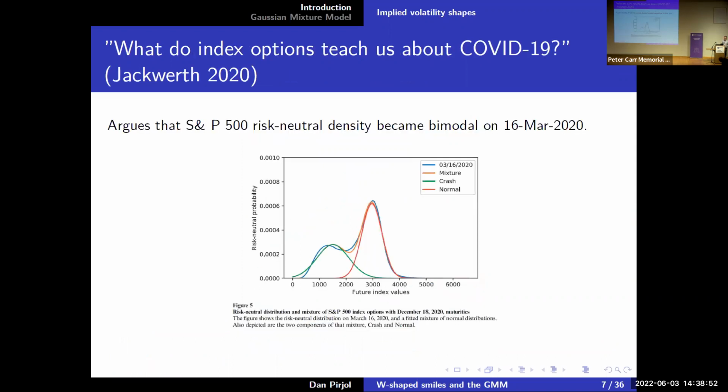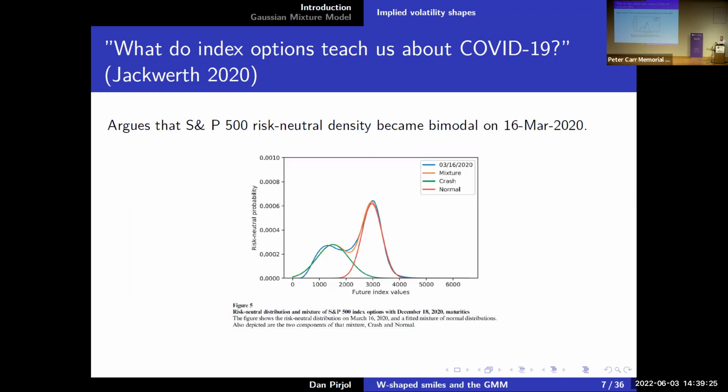We see something similar in March 2020, at the time of the COVID crisis, when it just hit, and the market was pricing two scenarios. The pandemic will impact the equity prices negatively. This will look like the green component, low stock prices, or maybe it will go away and will not have a major impact on the market.